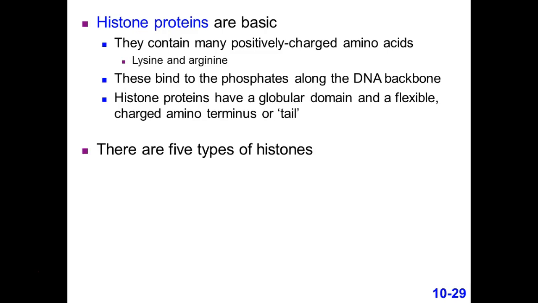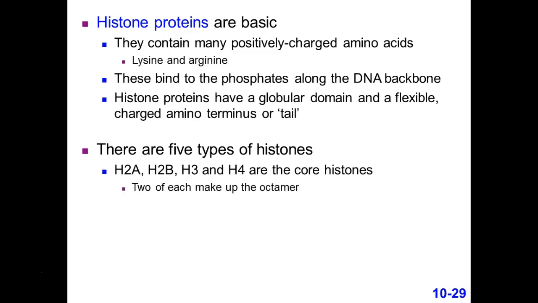So there are 5 types of histone proteins. As we noticed, we started out with 2A and B and 3 and 4. Where the heck did 1 go, right? Those are the ones that are in the octamer that make up the nucleosome. Histone 1 interacts with the linker region, the region in between the nucleosomes, and we'll see that in a moment.